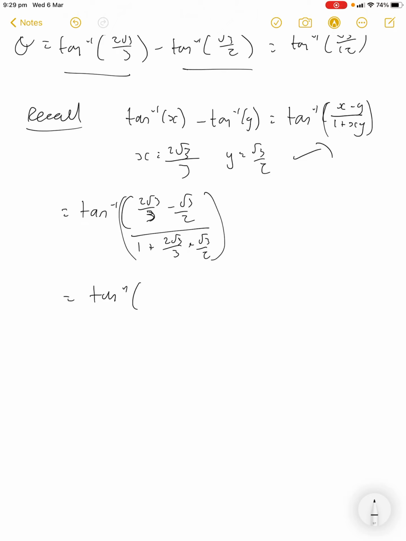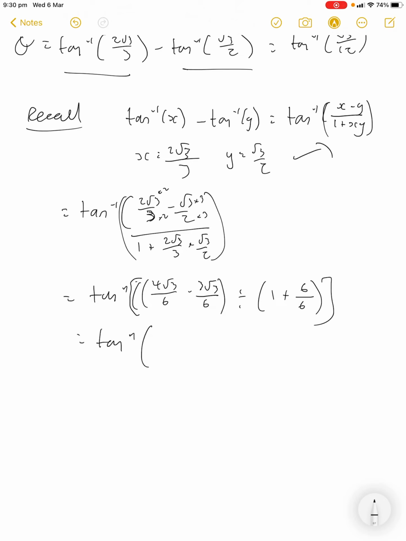We don't want to put this in the calculator, so we could look at common denominator again, times top and bottom by 3, times top and bottom by 2. So we've got 4 root 3 over 6 minus 3 root 3 over 6, divided by 1 plus 2 root 3 times root 3 is 6, over 3 times 2, 6. So it's over 2.